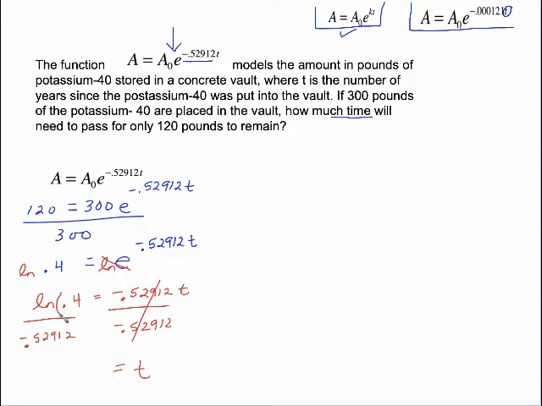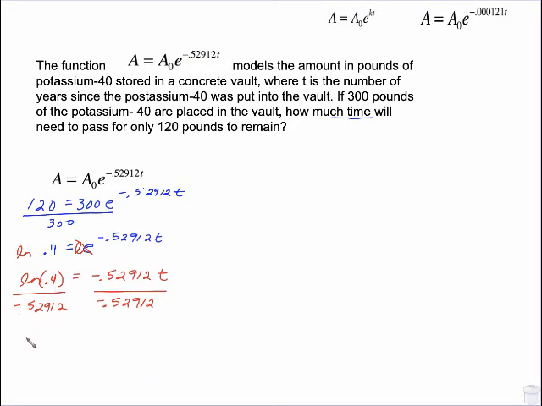Remember, with your calculators, when you hit ln, you get a front parenthesis. You've got to be sure you close off that parenthesis before you divide by negative 0.52912, which gives us 1.73 if I round it to the hundredths place. So t equals 1.73, meaning it's going to take 1.73 years for this 300 pounds of potassium-40 to decay to only 120 pounds.